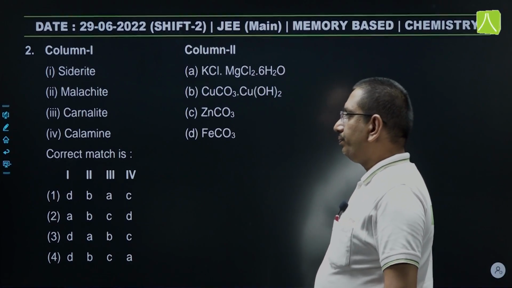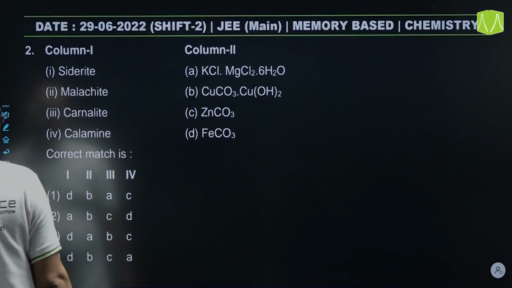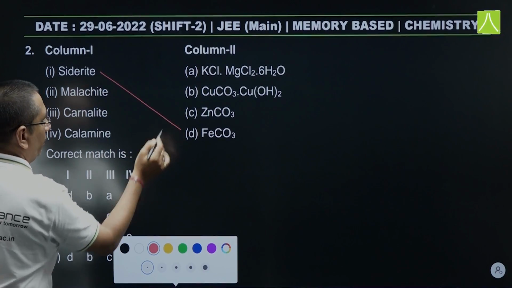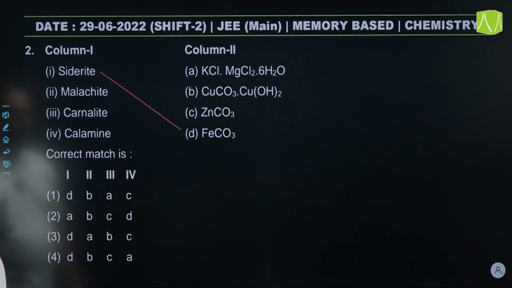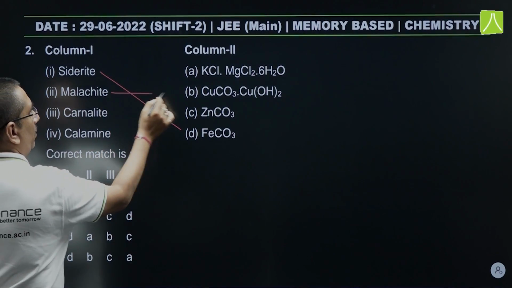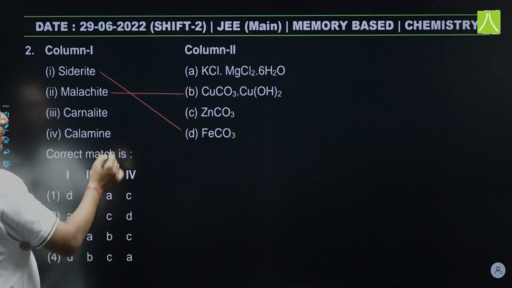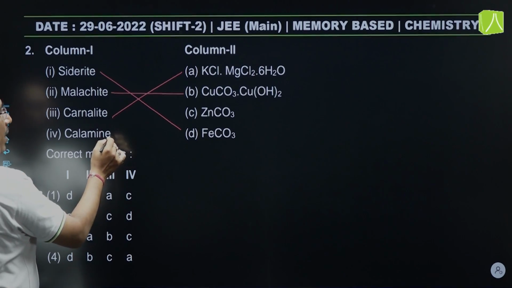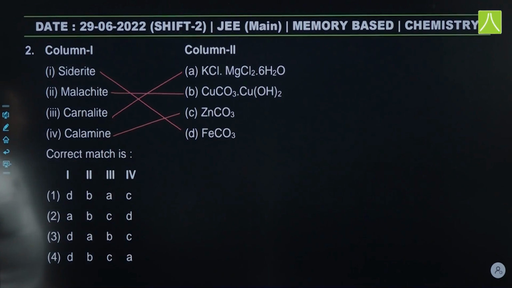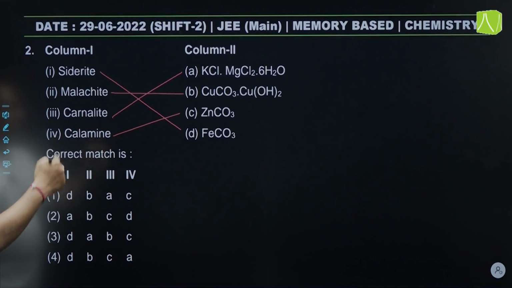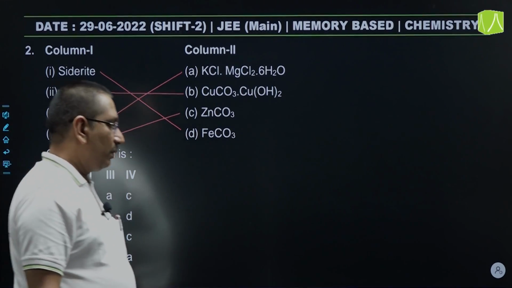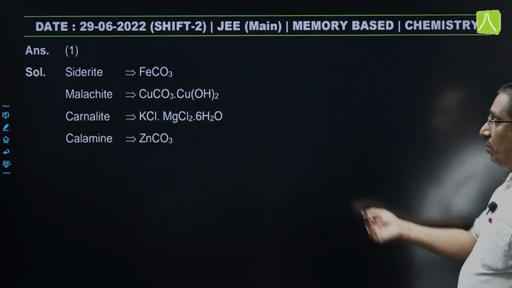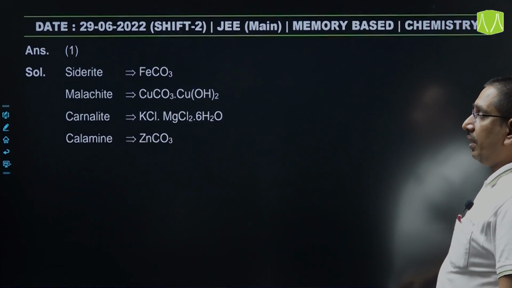So, here siderite is iron carbonate and malachite is CuCO3·Cu(OH)2, carnallite is KCl·MgCl2·6H2O and calamine is zinc carbonate. So, you have to match the name with formula. This is the question from metallurgy. You can see siderite, malachite, carnallite and calamine.